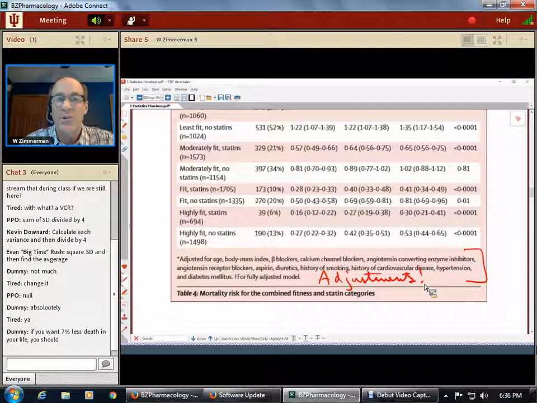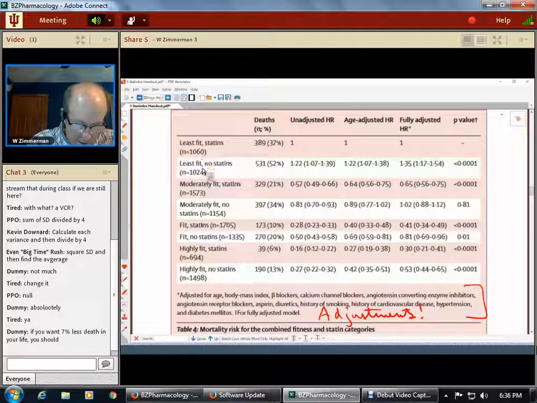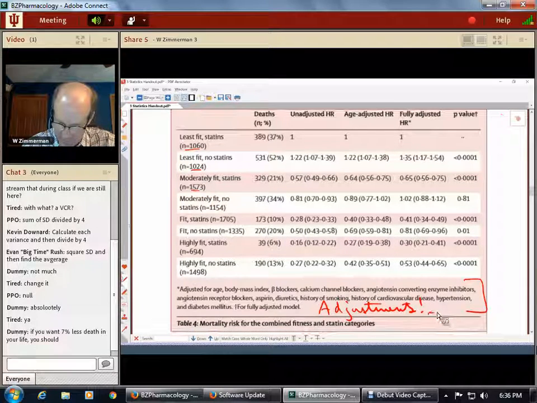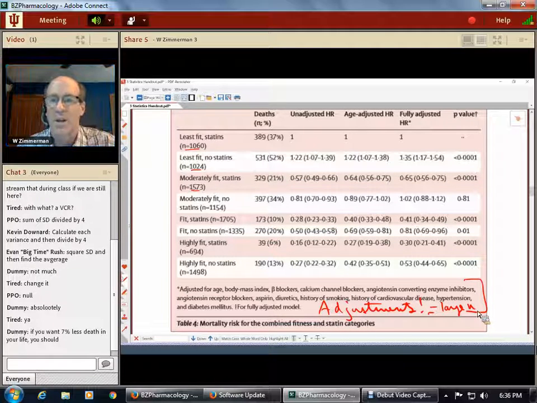Now, if you're going to do these kinds of adjustments, you need a huge group of people. And look at all these different groups. N equals 1060, 1024, 50. I mean, you're talking, I don't know, 10 or 15,000 patients here, at least 10,000. So you have to have a huge sample to be able to do these adjustments. You have to have a large N.